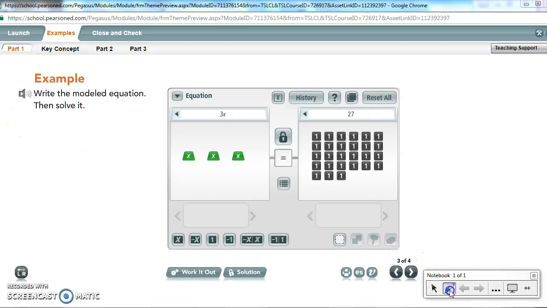So they want us to write a modeled equation and solve it. If I have 3x over here and it balances when there's 1, 2, 3, up to 27, so 3x equals 27. My first step is to ask, what is my sign?